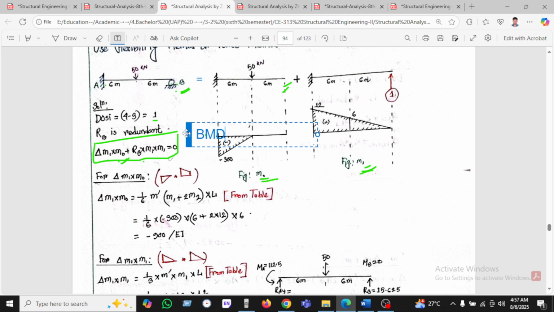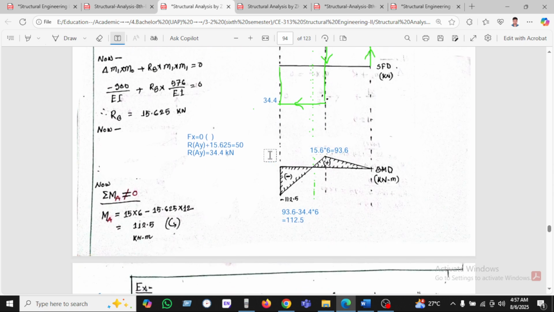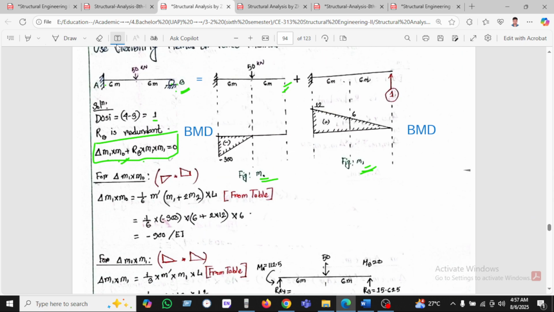Sorry, it will not be a bending moment diagram. It is a diagram of M0, and this is the diagram of M1.